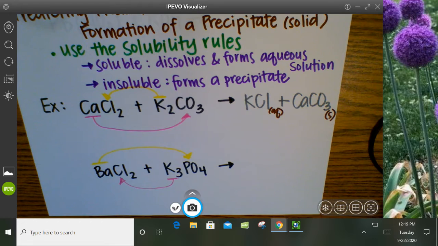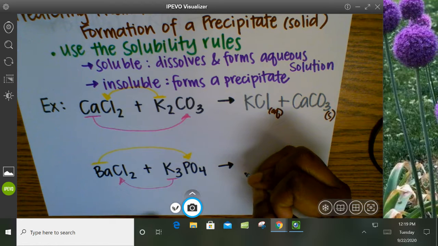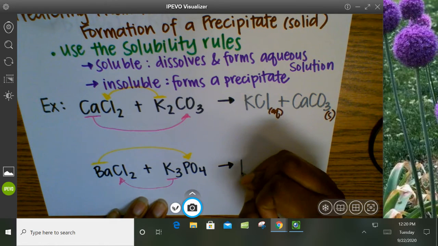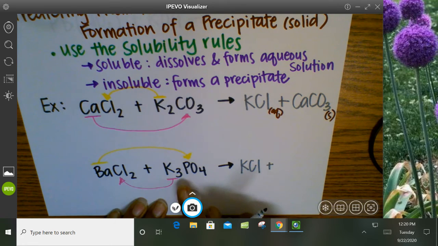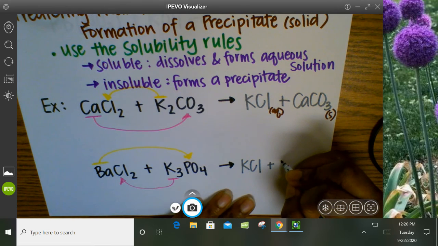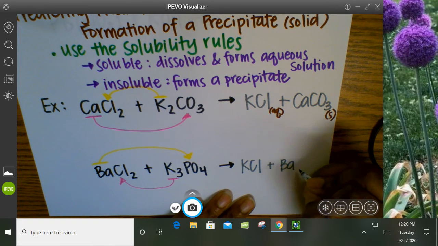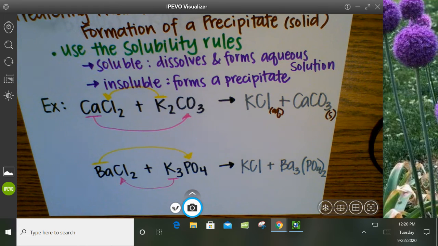So if I look at my products, potassium and chloride, potassium's 1 positive, chloride is 1 negative. So I just need 1 of each. And then barium is 2 plus, phosphate is 3 negative. So I'm going to need 3 bariums for every 2 phosphate ions to balance out those charges.